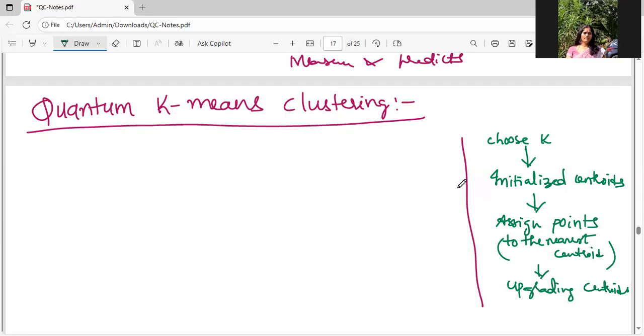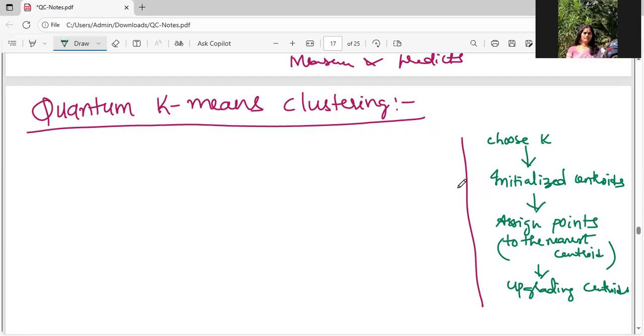Now, quantum k-means is a counterpart, or a better version, similar to k-means clustering. The quantum implementation of k-means clustering can be achieved using Euclidean distance calculation, but along with Euclidean distance calculation, we go with Grover's search algorithm.